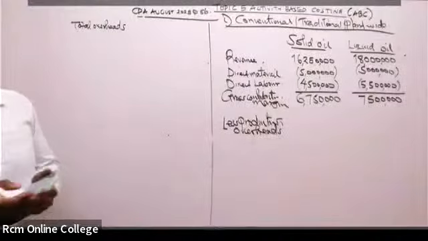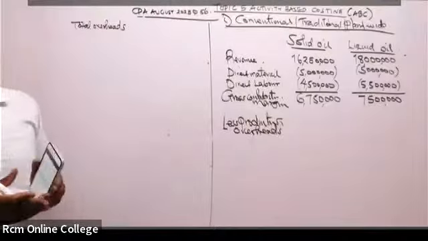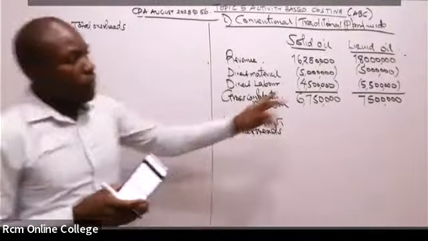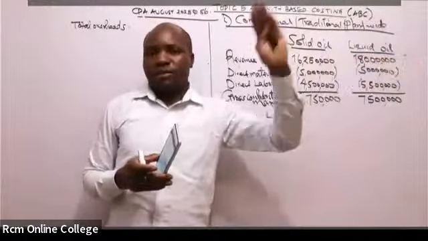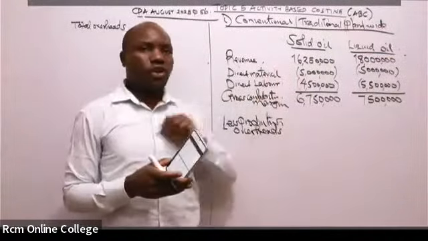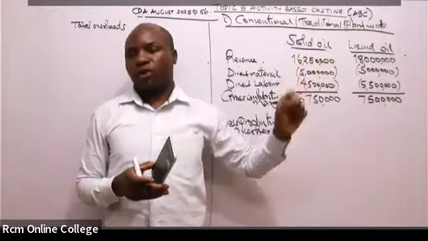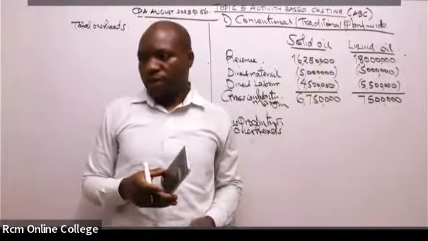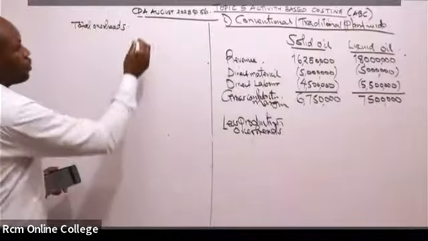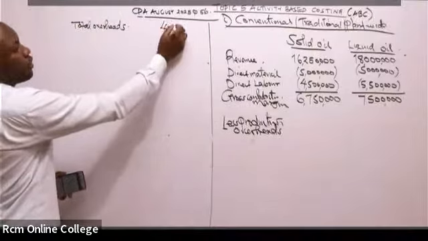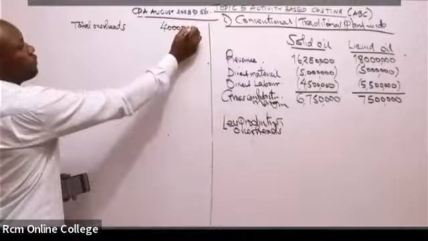How did you get the 4.5 on direct labor? For the liquid oil, it was 110 times 50,000. For the solid oil, it is 90 times 50,000. That's how we got the 4.5. So total overheads is equal to 4 million.